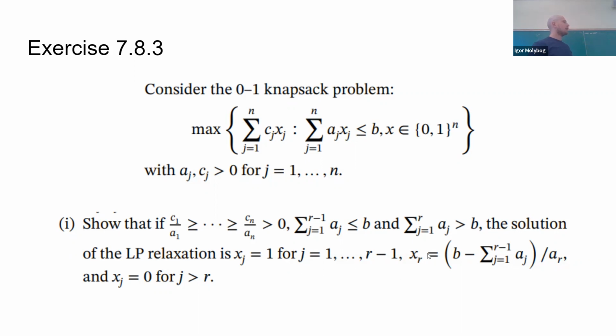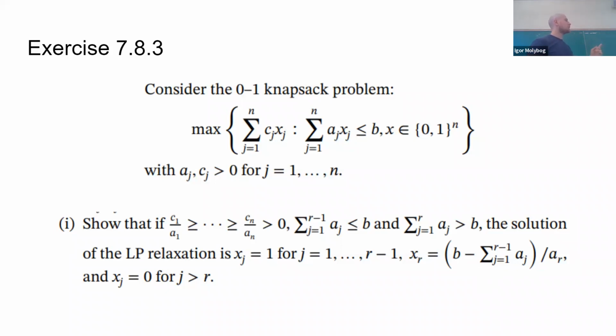But at some point, if we are not able to fit something into our backpack, we do not throw it out and just skip to the next one. We are taking a fraction of our item, right? Which corresponds to very much the same idea.